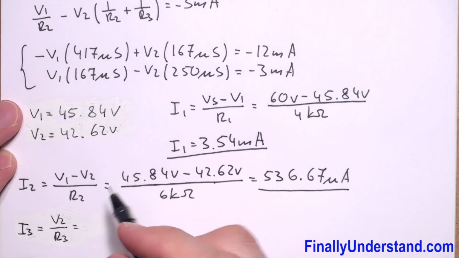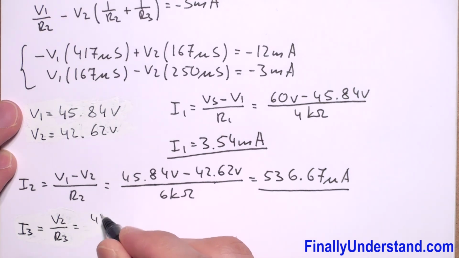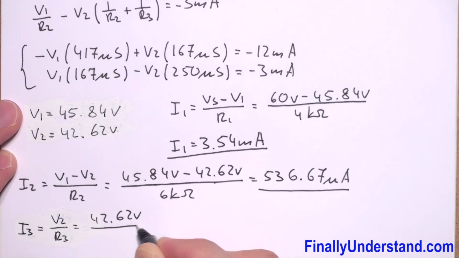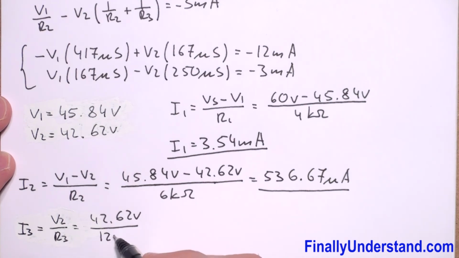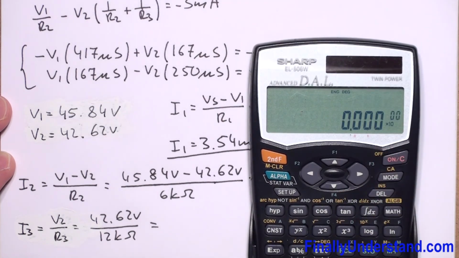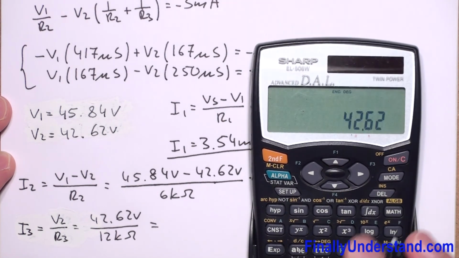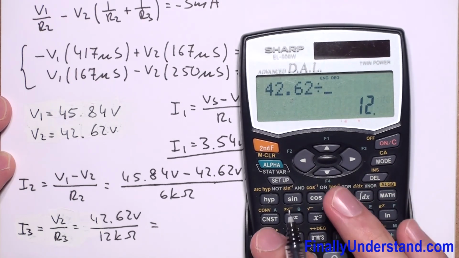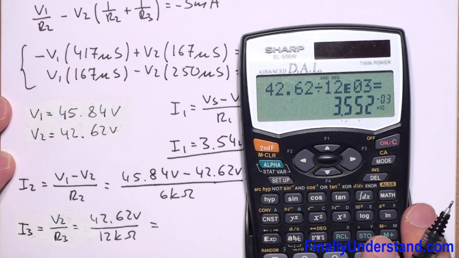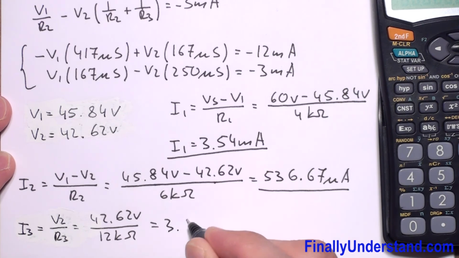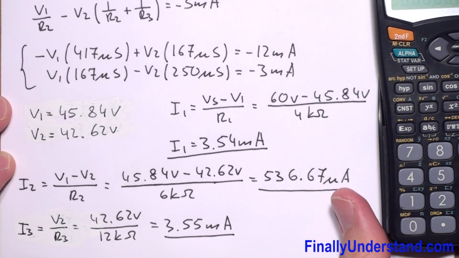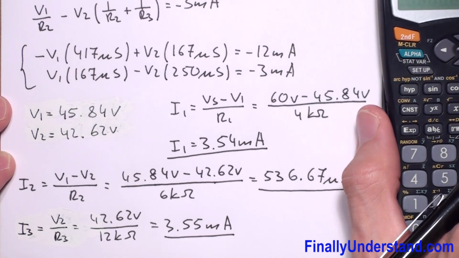I have V2 equals 42.62 volts divided by R3, and R3 is equal to 12 kilohms. We are going to obtain 42.62 divided by 12 exponent 3. This is equal to 3.55 milliamps. So this is 3.55 milliamps.